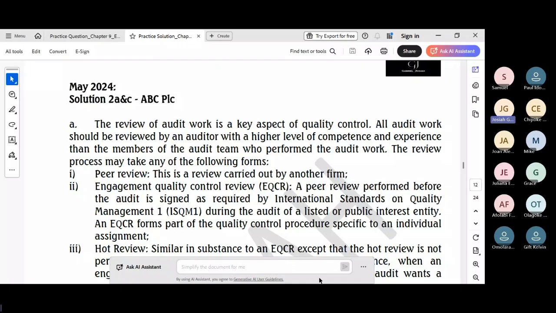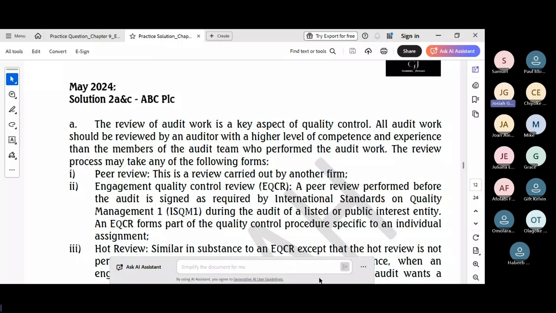It requires different types of reviews: peer review, engagement quality review, hot review, cold review, and the objective and scope of the review process as mandated by standards like ISQM 1, the International Standard on Quality Management.